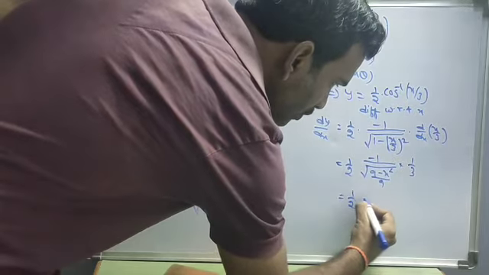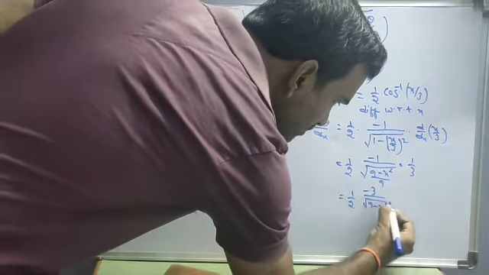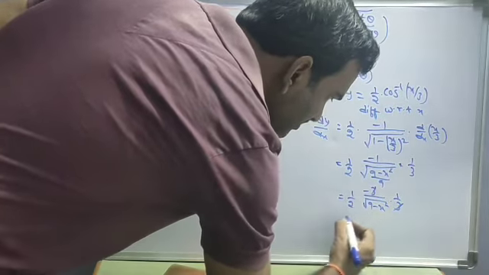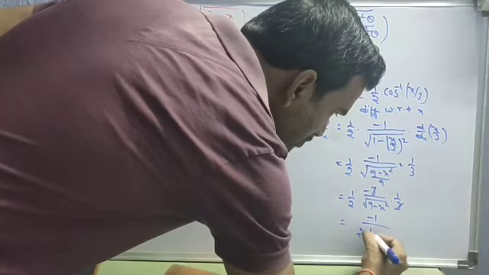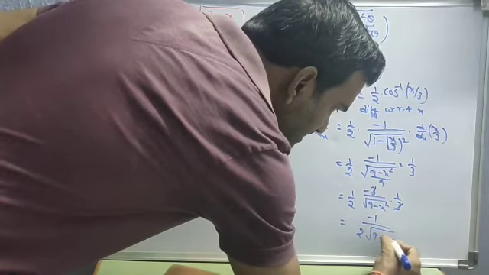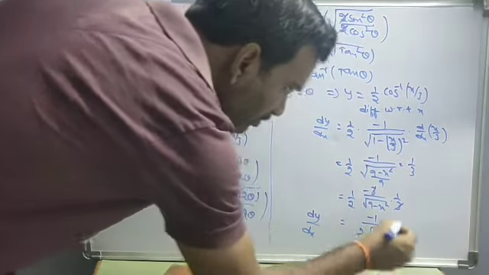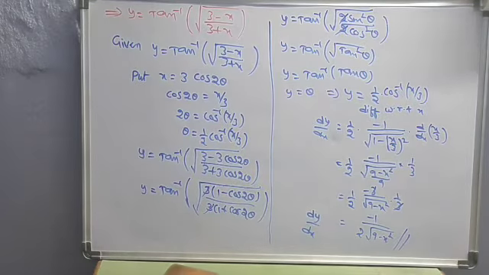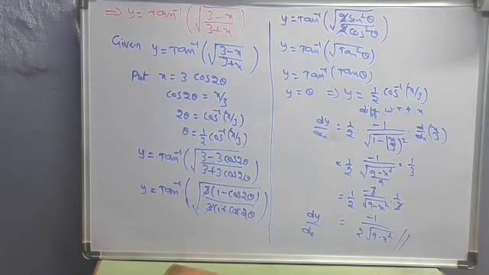So 1 by 2 into minus 3 by square root of 9 minus x square into 1 by 3. 3 gets cancelled. So our final answer is minus 1 by 2 into square root of 9 minus x square. This is the dy by dx value, our final derivative value of the given function.